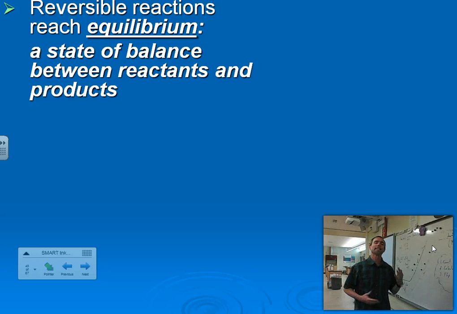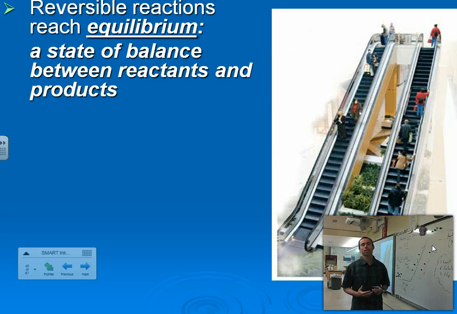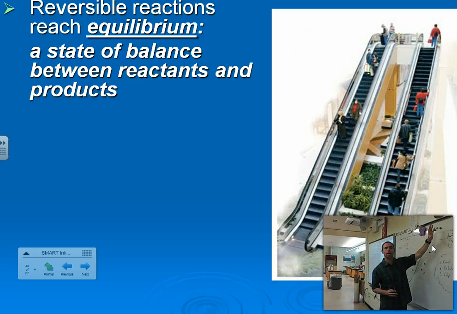It's dynamic in the sense that the forward and reverse reactions are occurring at the same time, but it's a state of balance, okay? And we gave the illustration of the escalator and the shopping mall, which I have as an example on the board. We said initially, right, we have a lot of people on the first floor. They move up to the second floor, right? But as we get more and more people on the second floor, people start coming down to the first floor.